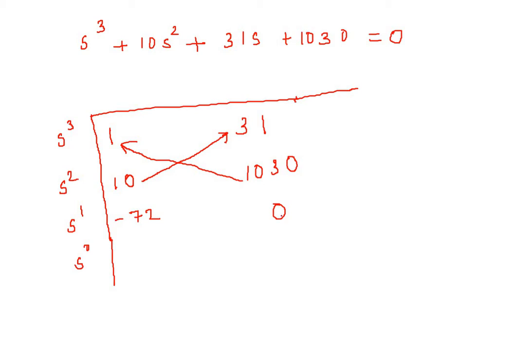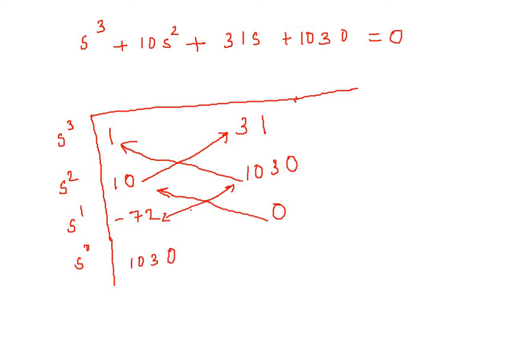So we write a 0 here. Now to find the coefficient of S raised to 0, it is minus 72 into 1030 minus 0 into 10, divided by minus 72, which will be 1030 itself.